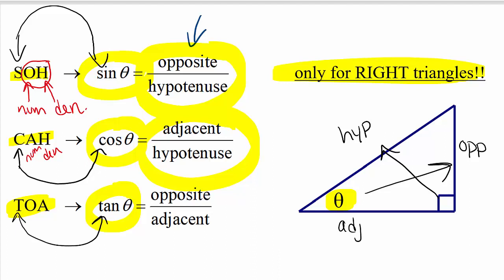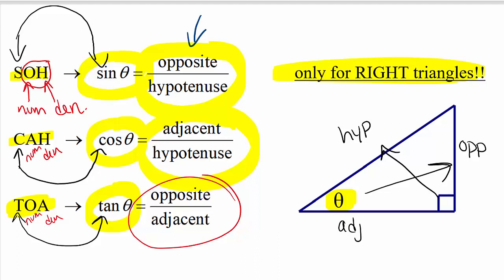And then we have our numerator and denominator. So opposite over adjacent. So the question is, what do we do with all this information? Well, we use this information when we are trying to identify angles and side lengths of specifically a right angle triangle.